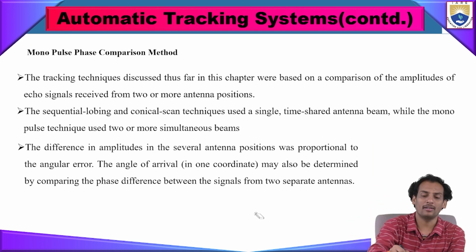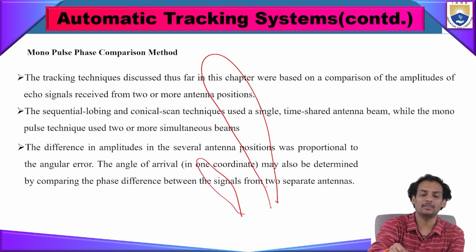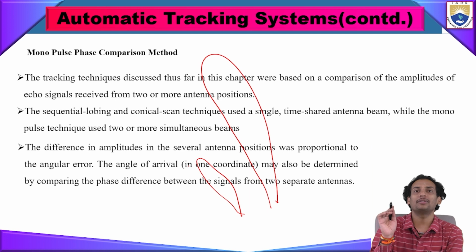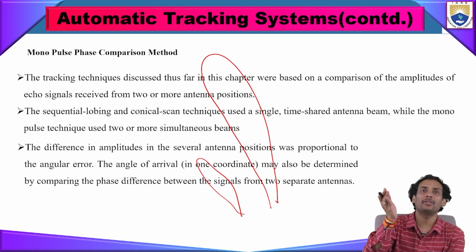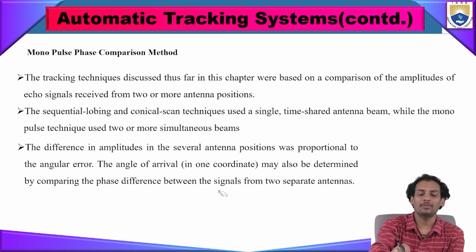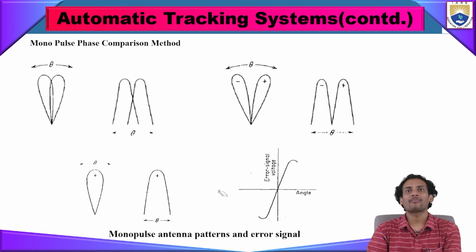One antenna is creating this much signal and another antenna is creating this much signal. So it will compare the phase difference, analyze the data, and accordingly do the modification.